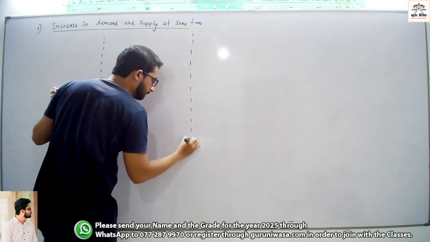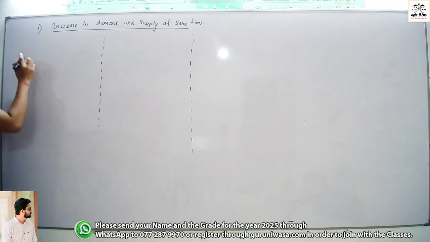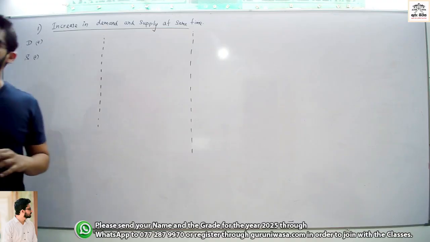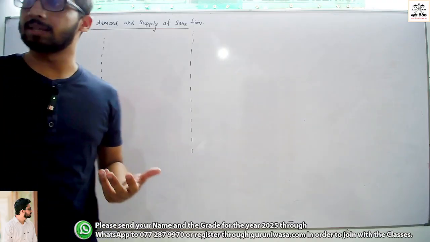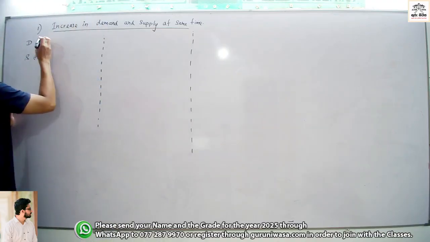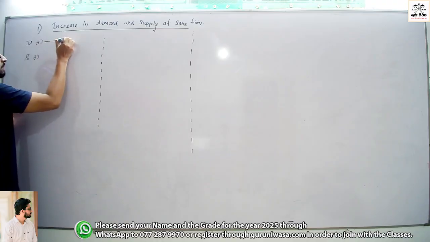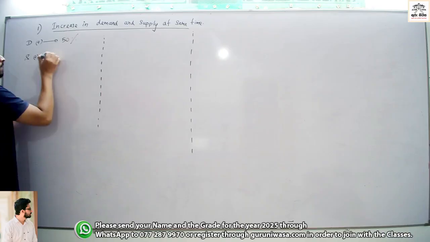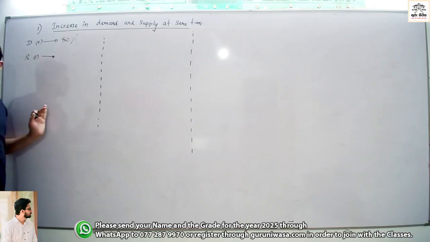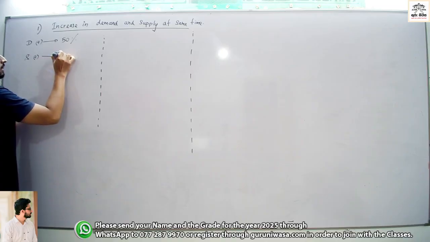First scenario, Lamai, is demand increases, supply also increases, but at different rates. Example, assume demand increases by 50%, supply also increases, but just imagine it's by 20%.